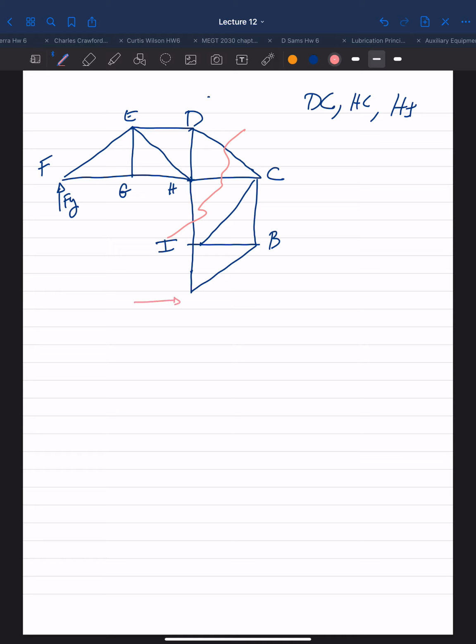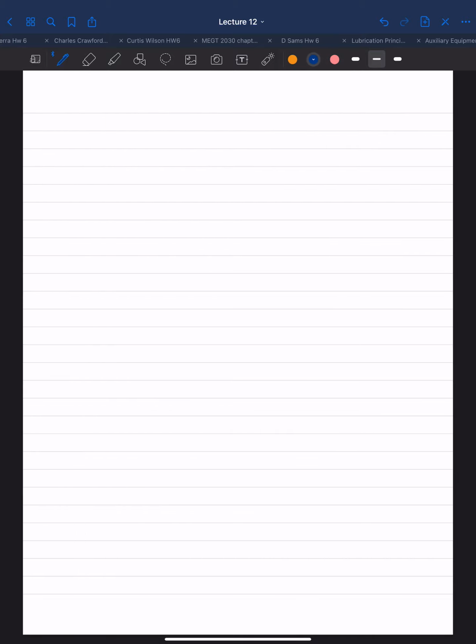We had our AX, and our AY, we already solved. All right, so let's draw a new free body diagram, taking the cut into consideration.